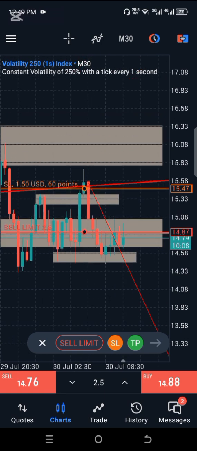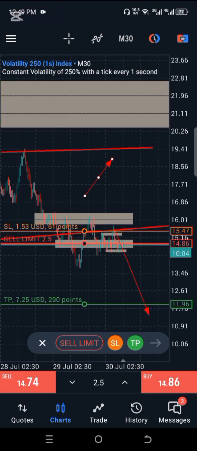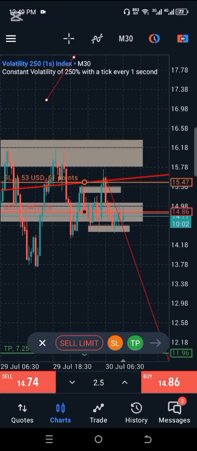That's my main problem sometimes. I feel like a lot of the times I enter too early, or I don't wait for price to finish forming, and I just end up getting fucked. But let's wait for this candlestick to finish forming.